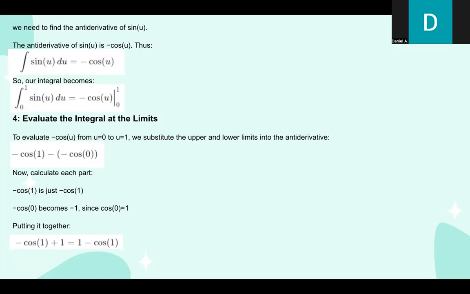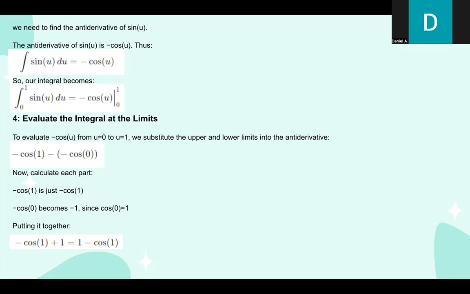So our integral from 0 to 1 of sine u du equals minus cosine u, evaluated from 0 to 1. Step 4. Evaluate the integral at the limits. To evaluate negative cosine u from u equals 0 to u equals 1, we substitute the upper and lower limits in the antiderivative. Negative cosine 1 minus parentheses negative cosine 0.